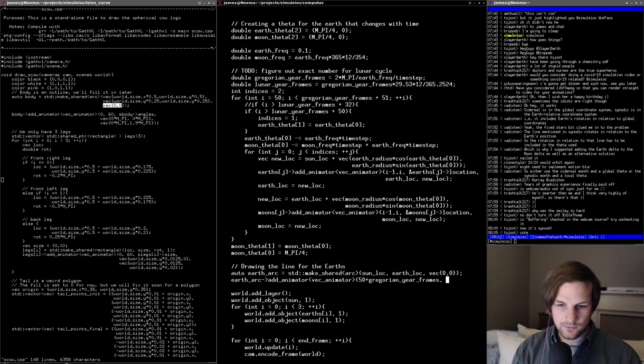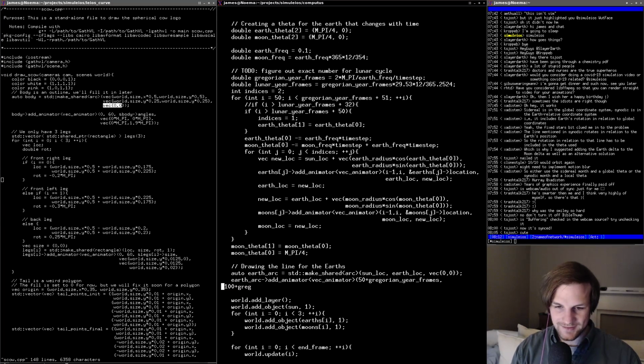And it will go to, let's do 100 plus Gregorian year frames. Ooh, that doesn't fit on a single line. Let's move that down to the next one. Oh well. 100 plus Gregorian year frames.